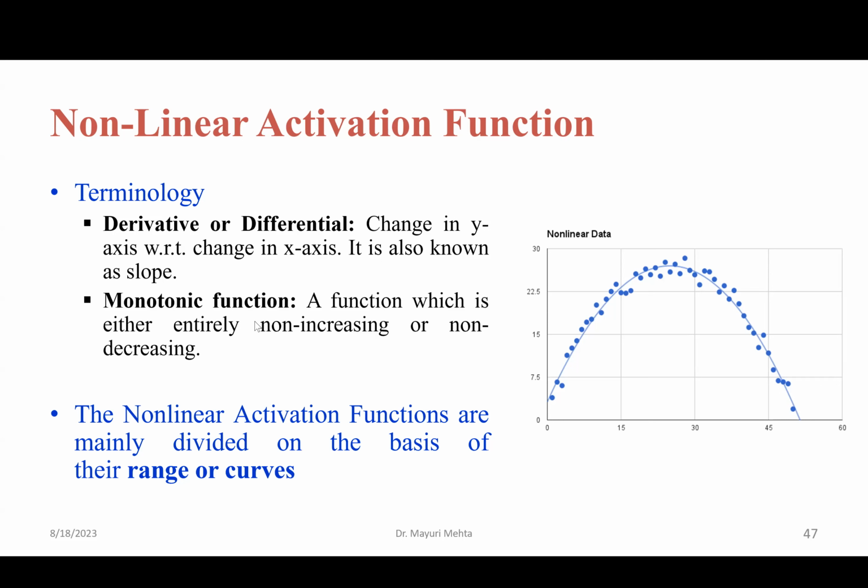So we can say that an activation function is derivative or differential if there is a change in y-axis with respect to change in x-axis. And a monotonic function means a function which is either entirely non-increasing or non-decreasing.